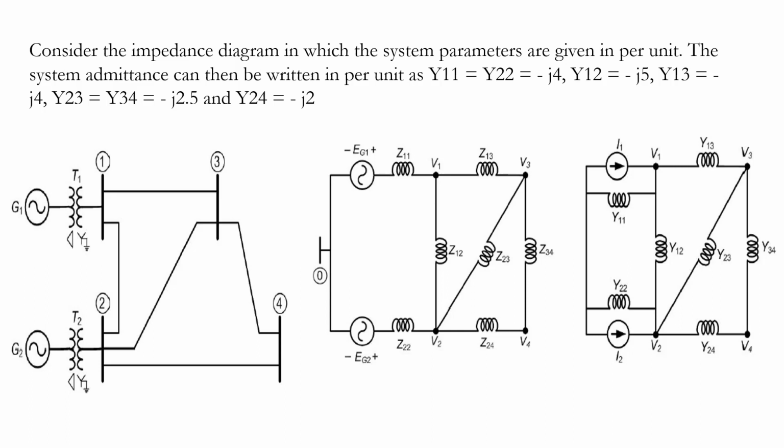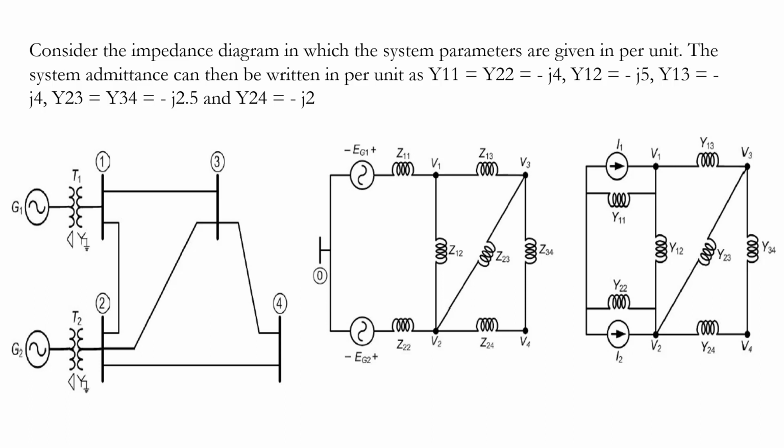The transformer impedance is shown as Z11, connected to bus 1, and the transmission line impedance between 1 and 3 is shown as Z13. Bus 1 and 2 are connected through the transmission impedance Z12.